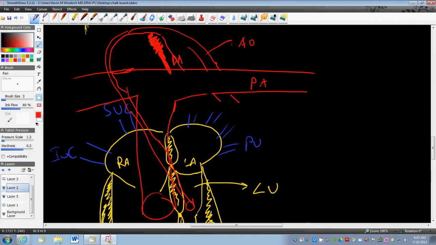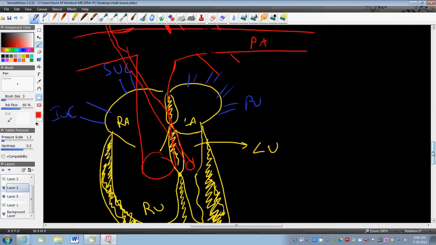Once you get past the level of the ductus arteriosus, however, you can have blood cross the ductus from the pulmonary artery. And so it opens up the distal aorta to be a more normal size. Okay. And so postductally, you're good. All right, so there's several problems when we go to do the surgical repair.